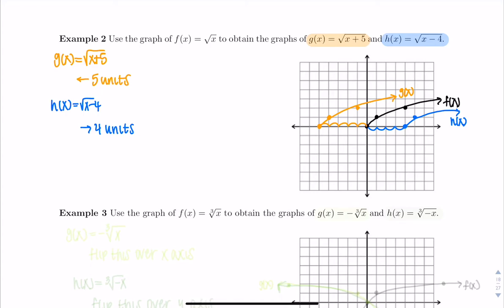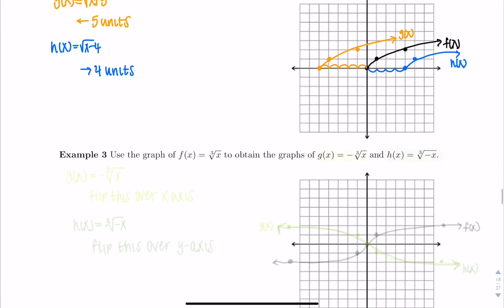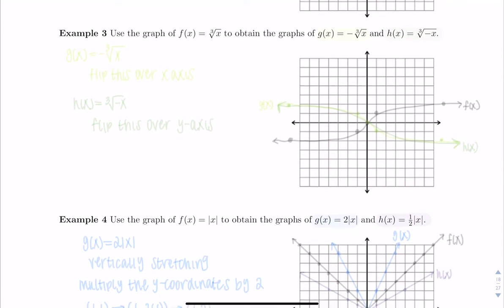Now let's try a cube root function to obtain the negative of cube root of x and the cube root of negative x. Whenever a negative is involved, that means we're going to be flipping it over the x or the y axis. Let's do the original one first. We've got the cube root of x, which looks kind of like an elongated S. We have a point at 0, 0, a point at 1, 1, and negative 1, negative 1.